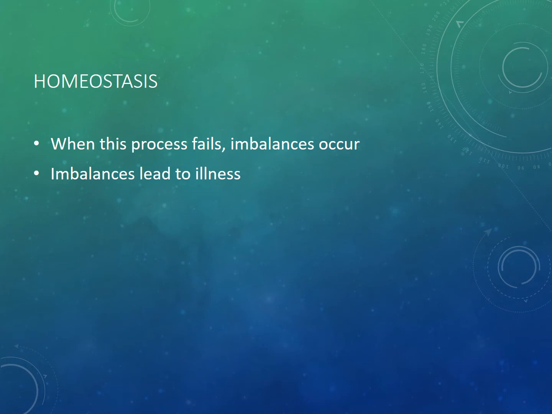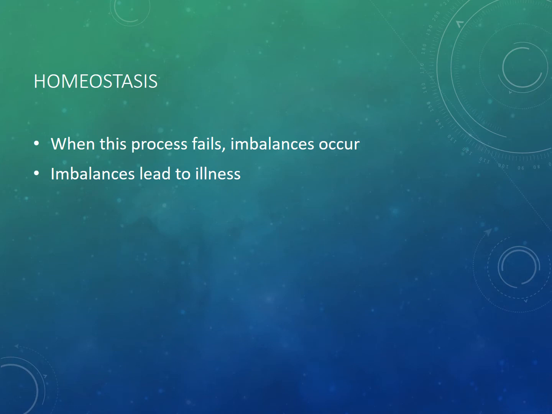Why is it important to figure out which came first? Well, if we treat symptoms, that's called palliation. When we just treat symptoms, the patient may feel better, but we're not fixing the problem per se.